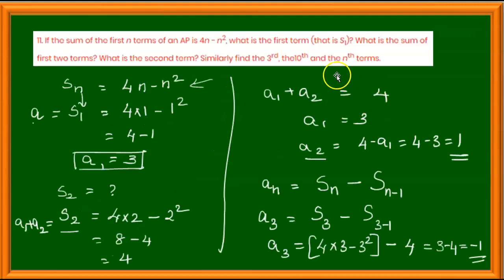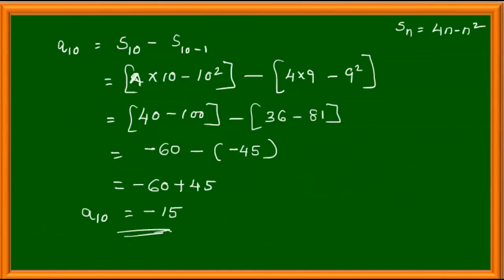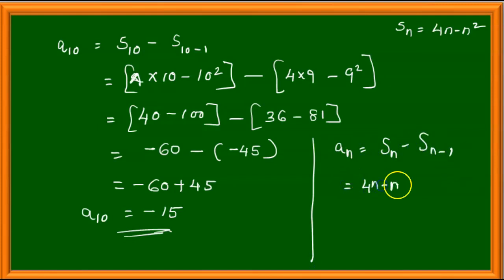The last one is the nth term. How will you get the nth term? We should use the same formula I already wrote here. This is the formula for the nth term. Got it? So the nth term an is equal to Sn minus Sn minus 1. Sn is given as 4n minus n square, minus Sn minus 1.